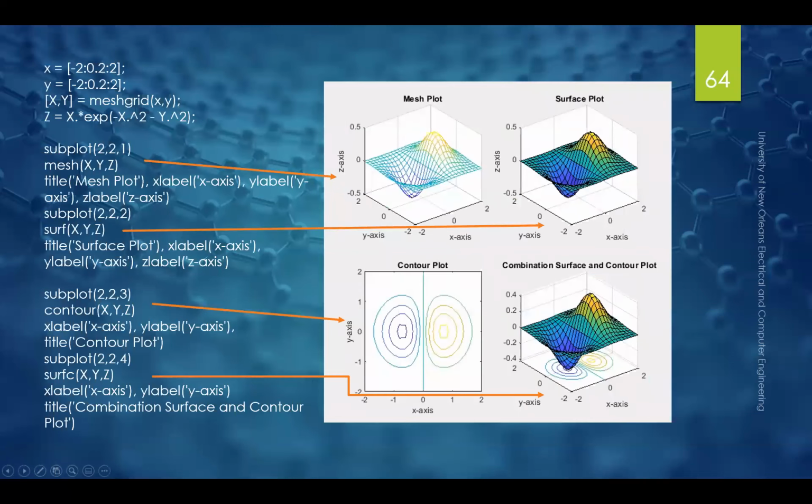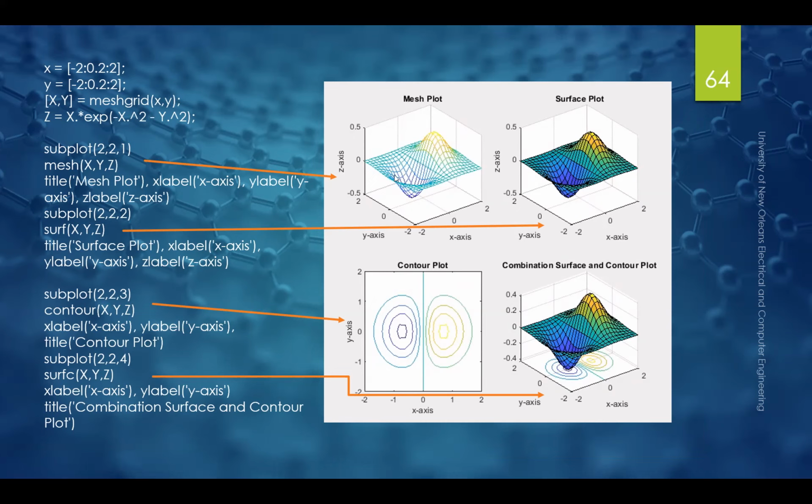Another example here. Again, and by the way, we use the subplot command to generate 4 different plots, and we define the values for X and Y. Again, we use meshgrid to generate the matrices needed to plot the function Z, and this shows us again the different options that we have, different views.